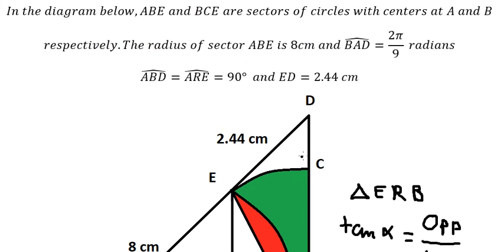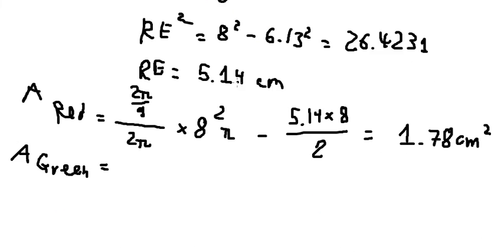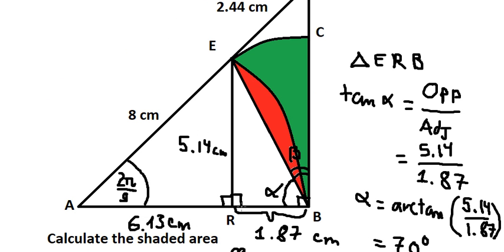So this is the circle at B, and we know that EB equals CB. So we want to find EB in here. We can use the Pythagorean theorem at the triangle ERB.